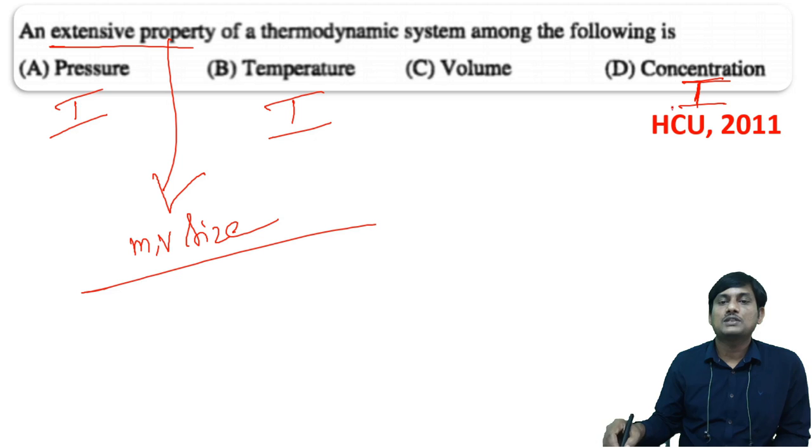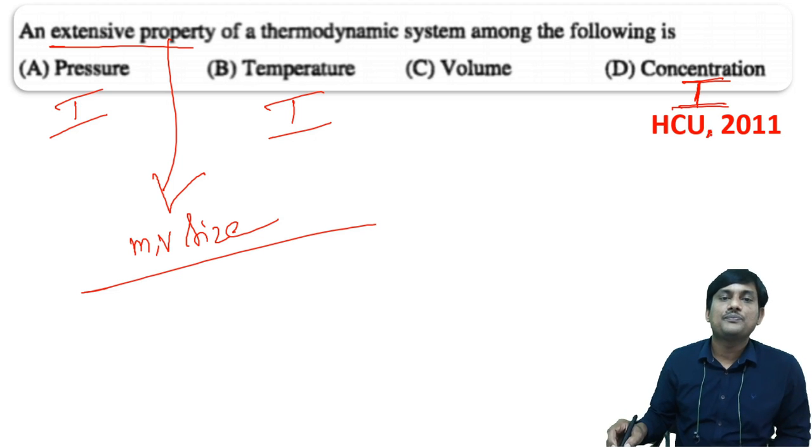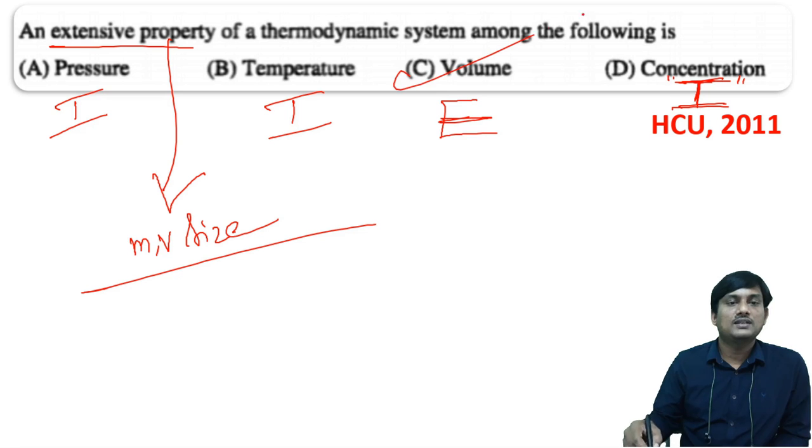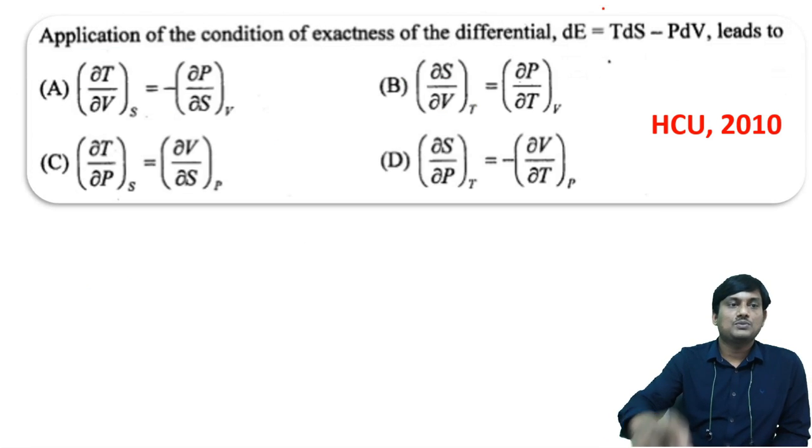If you take 1 ml or 1 liter of a 1 molar solution, there is no change in concentration. But volume is an extensive property. So which one is the extensive property? Volume is the extensive property.